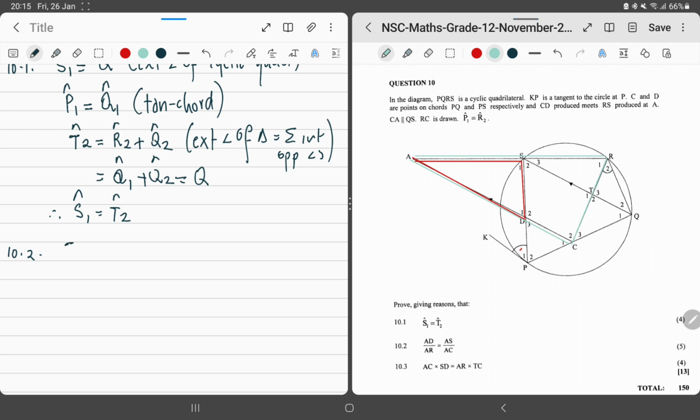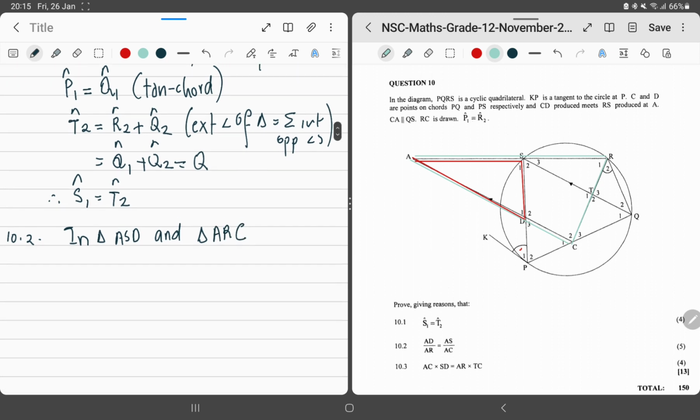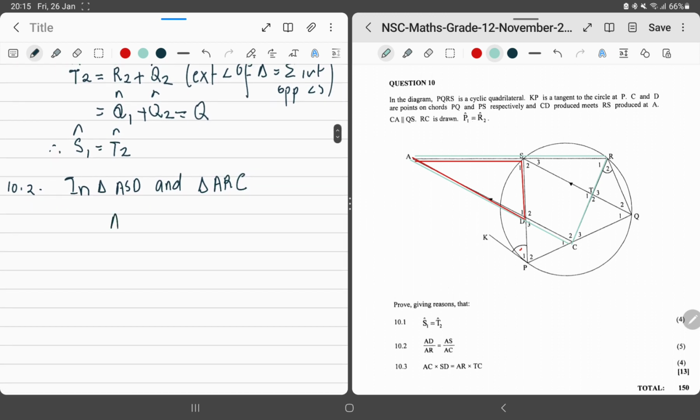In essence, we are working in triangle ASD and triangle ARC. A is equals to A because it is common.